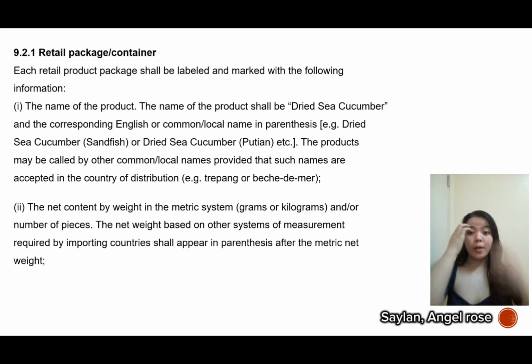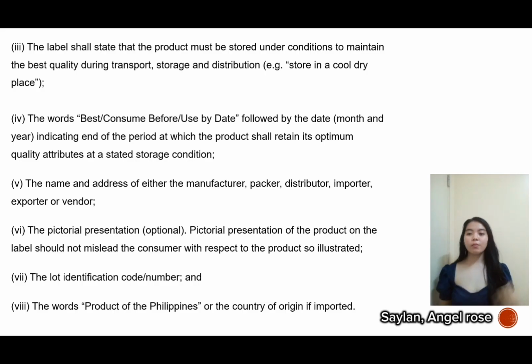So here's the preparation. First is harvesting. Sea cucumbers are harvested from the seabed by divers or collected from shallow waters during low tide.